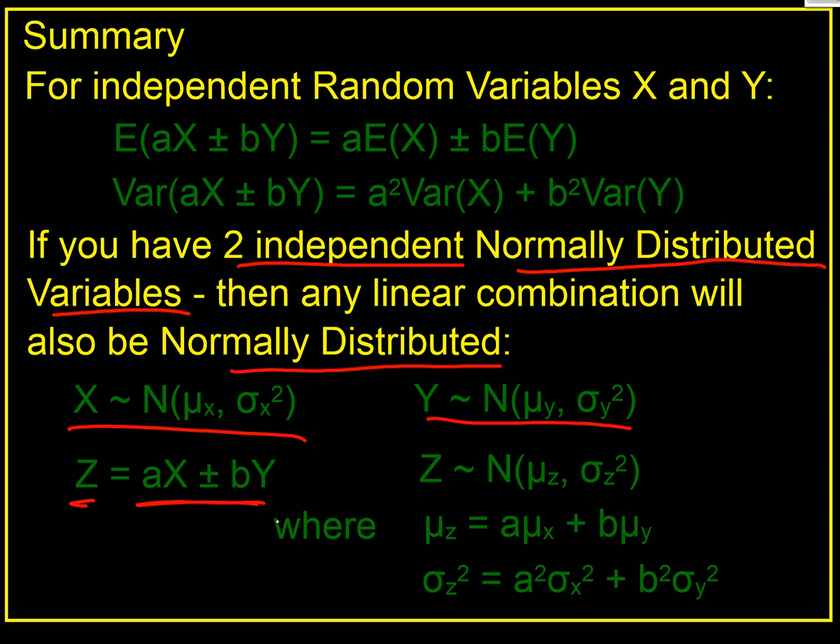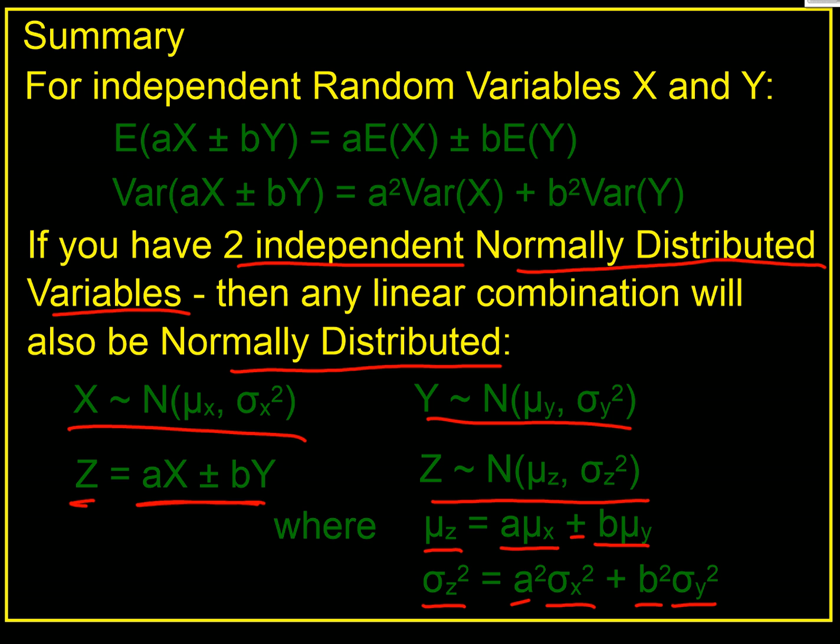So this is our combination, and that z will be normally distributed where mu z, the mean of z, is a times mu x plus or minus b times mu y, so the two means, but the sigma z squared, our variance of z, is going to be a squared times the variance of x plus b squared times the variance of y.